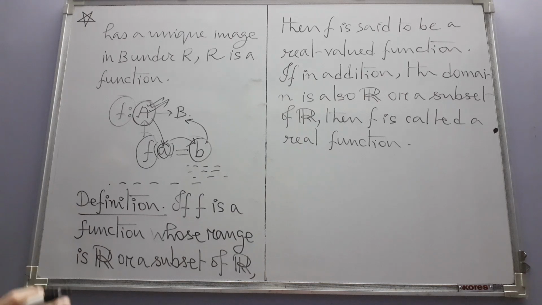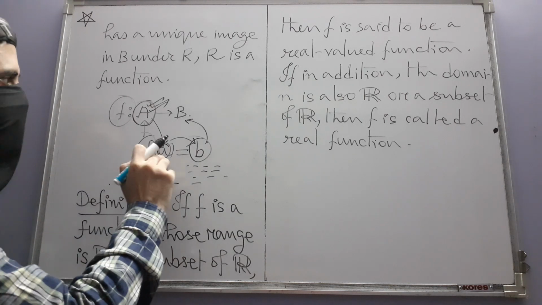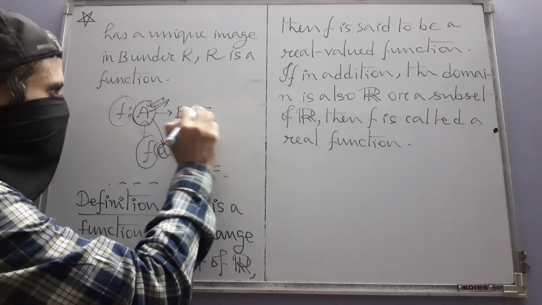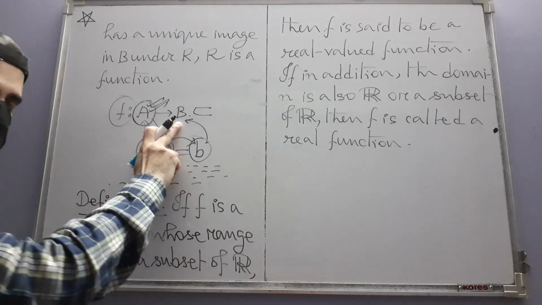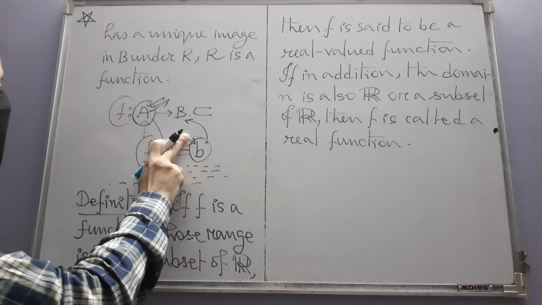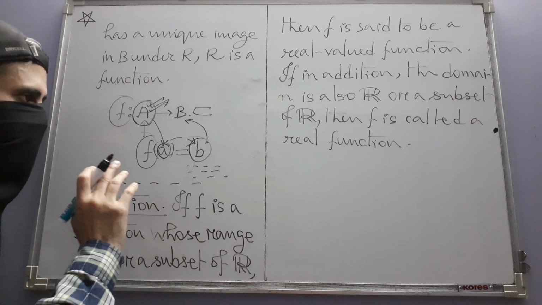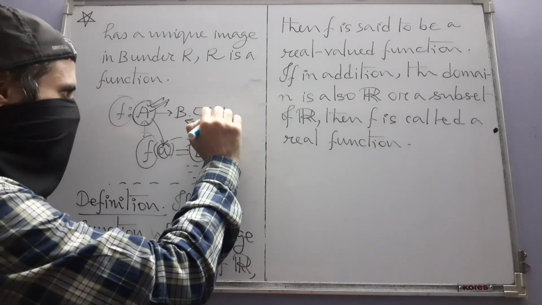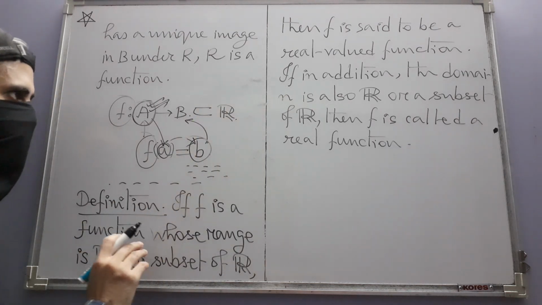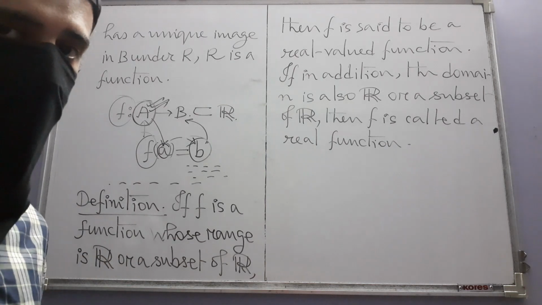That means a real valued function is a function whose range, this is of course not the range, this is the codomain. If the range, that is the set of outputs, is a subset of R or is equal to R, then we say that the function is a real valued function.